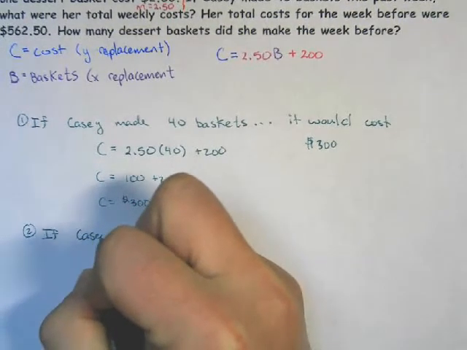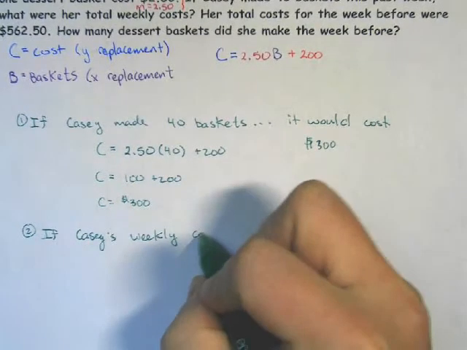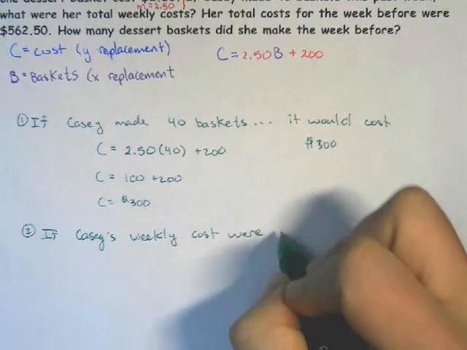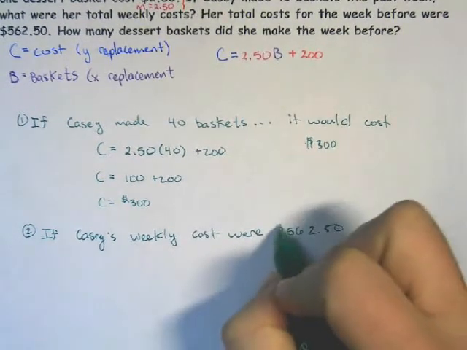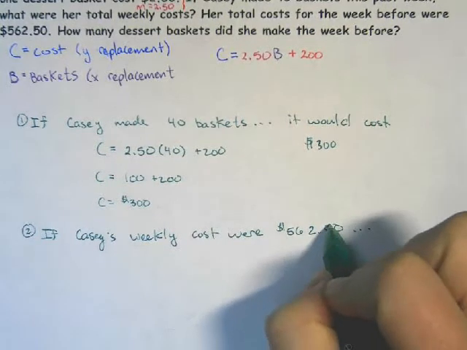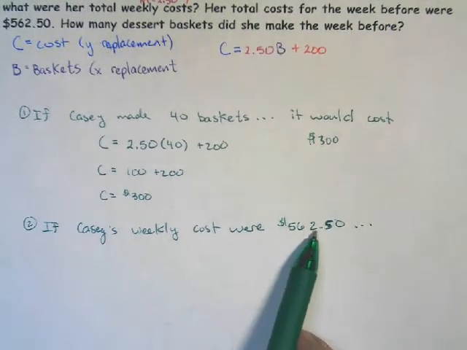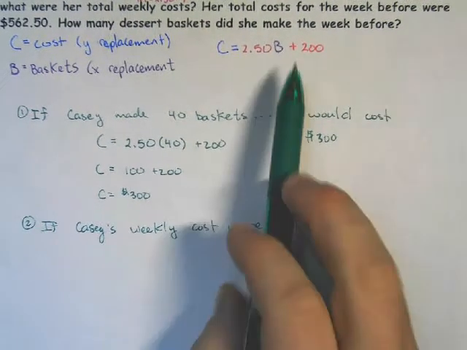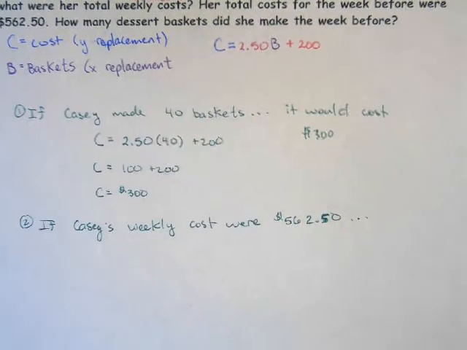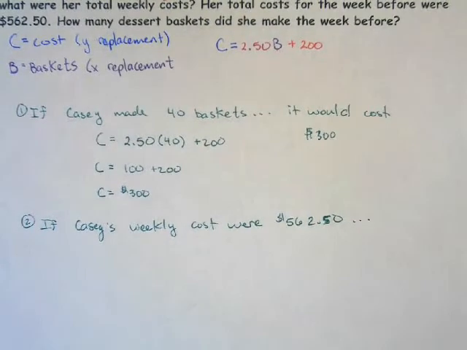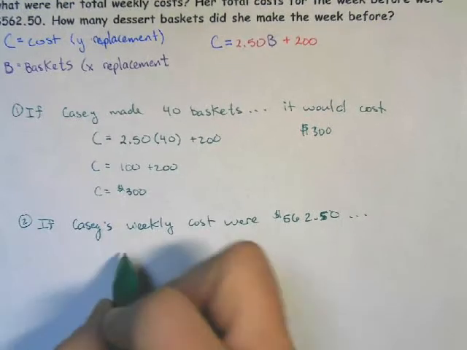If Casey's weekly costs were $562.50, what is this value right here? Is that a number of baskets we're making, or is that her weekly cost, the C value? That's going to be our weekly cost. So we're going to plug that number in for C.